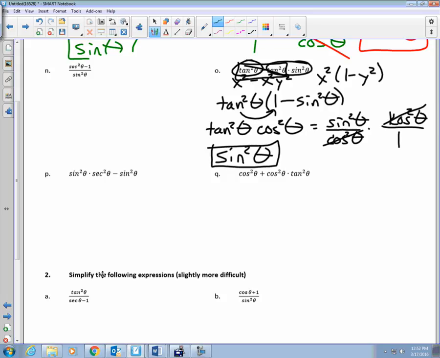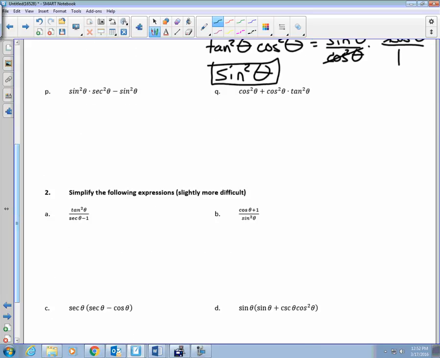All right, last two here. What do you think I factor out here? Factor out a sine squared. And I get secant squared of theta minus 1. Good. I remember that secant squared. What can I substitute for that?